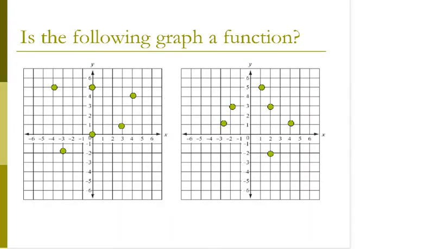To determine if these graphs are functions, we want to determine if each value in the domain corresponds to only one value in the range. So let's look at our domain values. We know that -4 is in the domain, -3 is in the domain, 0 is in the domain, 3 is in the domain, and 4 is in the domain.